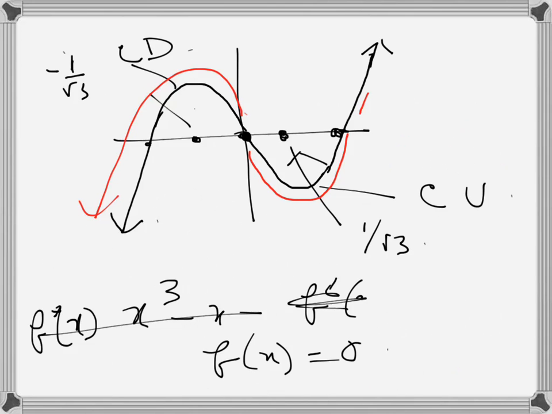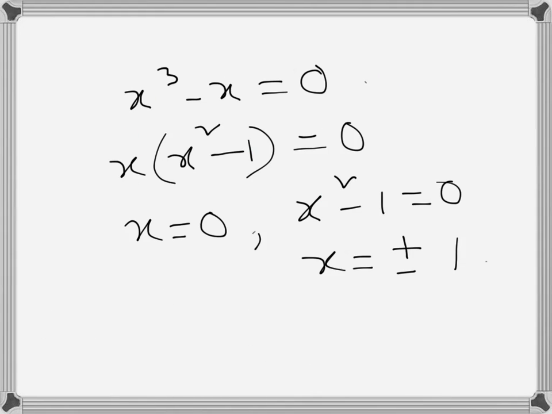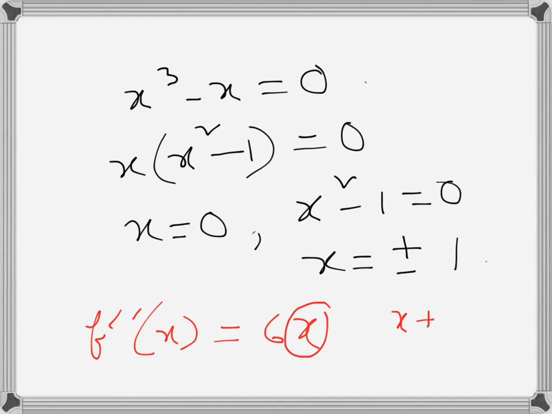But if we want to see what the concavity of the curve is in this whole region, we can just look at the sign of f double prime x, the second derivative of the function, which is 6x. That means whenever x is positive, f double prime x is greater than 0, so it is concave up.